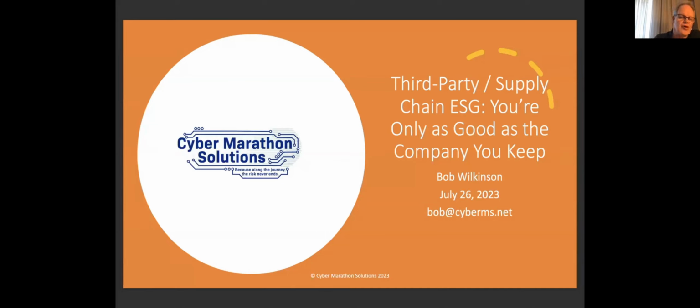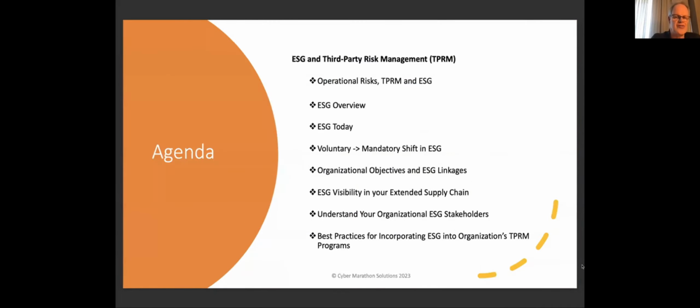So today we're going to talk about ESG and third-party and supply chain risk. And the way I refer to this is we're only as good as the company we keep. As far as the agenda for this call, we're going to initially talk about operational risks, third-party, and put ESG into context as yet another operational risk that we have to deal with.